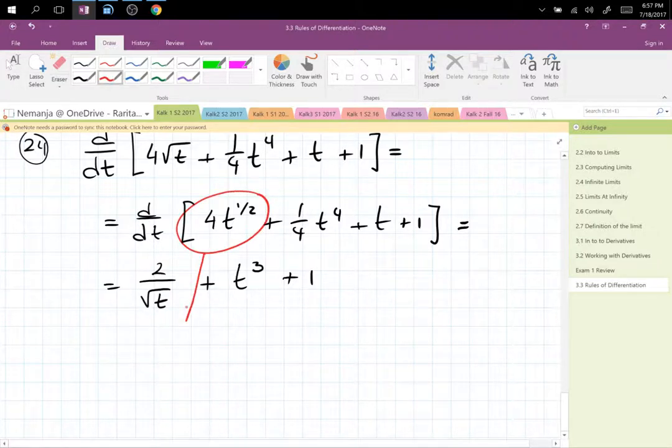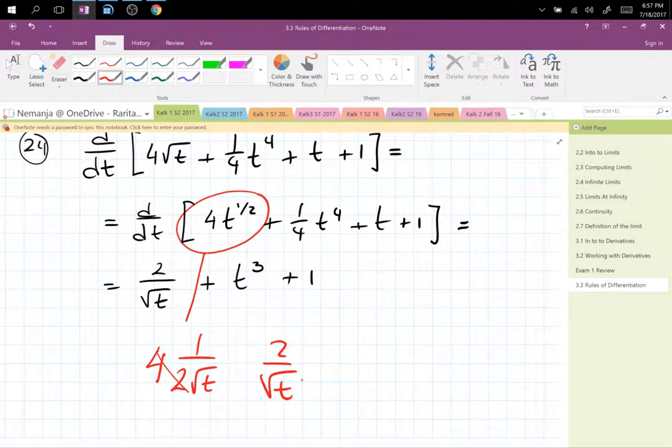For a term like this, you say, oh, I copy the 4, and as a block, I know that the other thing is this. So they cancel, and you get 2 over root t. You have to kind of learn to see these things in blocks. So you know what the entire portion of the problem looks like.